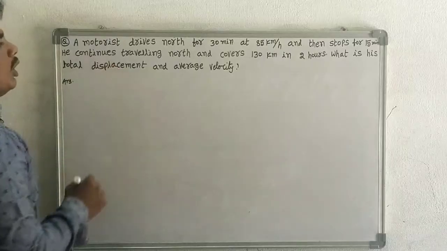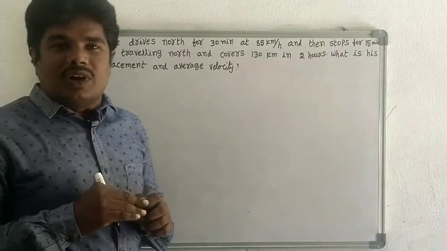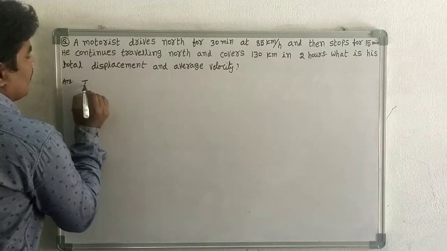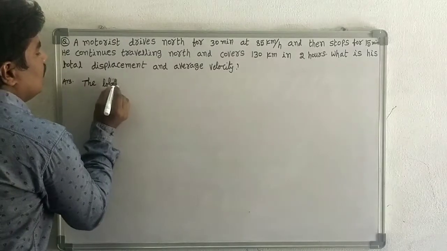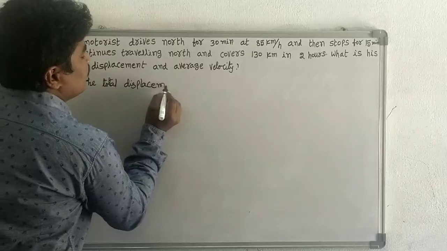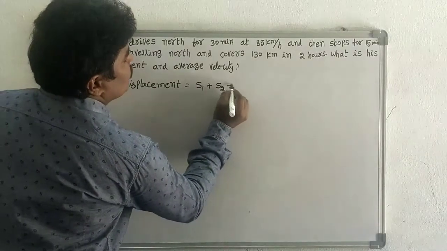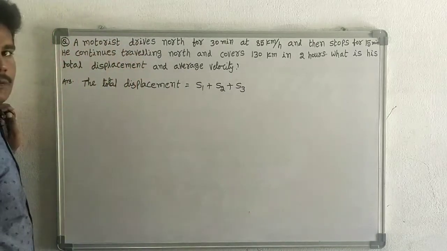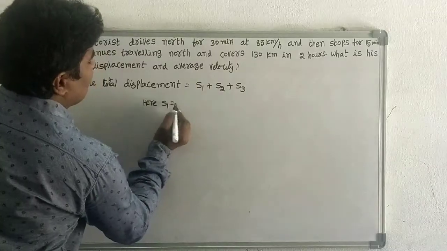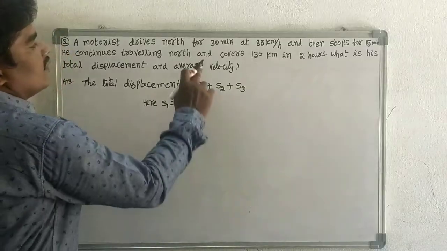To solve this problem, first we split the total displacement into 3 parts, that is S1, S2, S3. The total displacement is equal to S1 plus S2 plus S3. Here S1, what is displacement? Velocity into time.